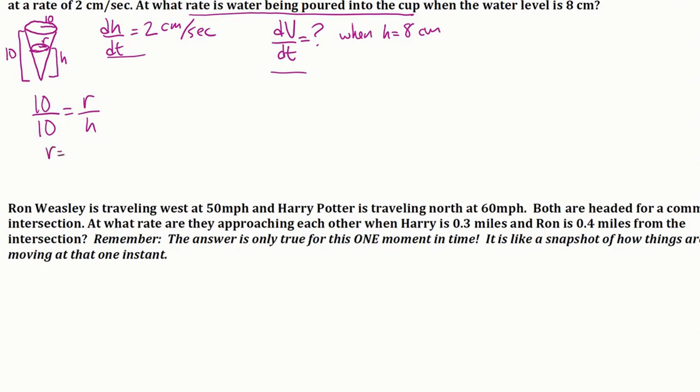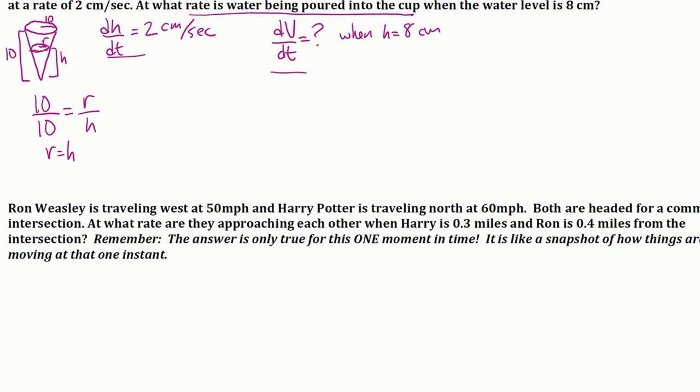So the radius is equal to the height. If the water level is halfway up the height of the cup, the radius would be 5 and the height would be 5, et cetera. The radius is going to be equal to the height because that proportion is going to hold. This is a very common thing that happens when you have a cone: you can use similar triangles and set up a proportion.